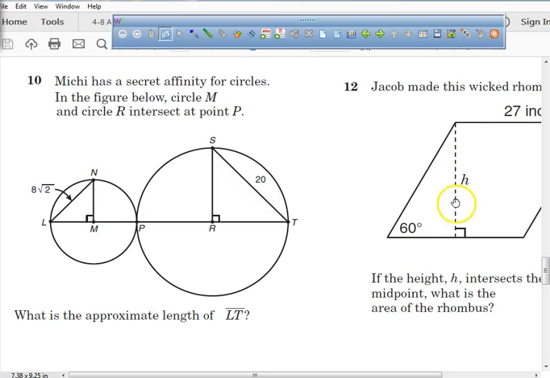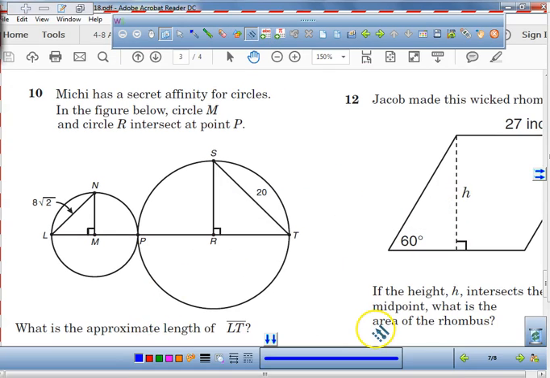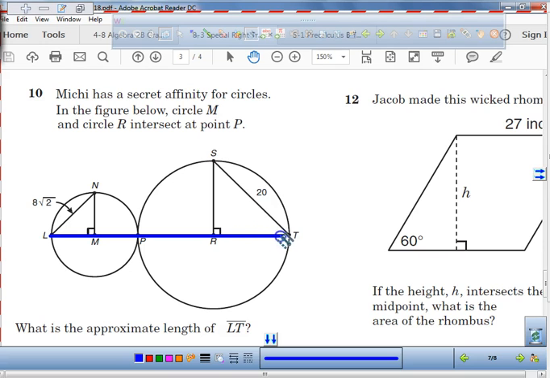All right. So right now, in this figure, we have to find the approximate length of L to T. So realize that we are going from L all the way to T. All that distance. That's a long way to go. Now, I want you guys to look at 2 triangles.